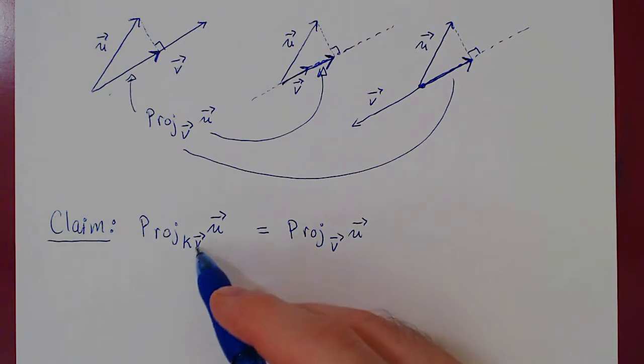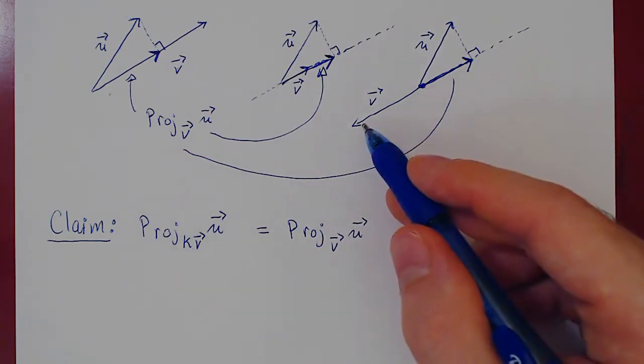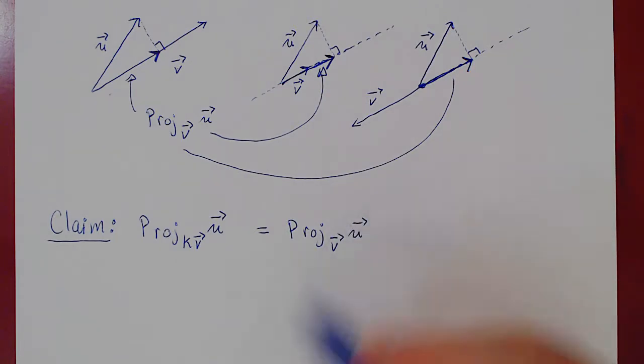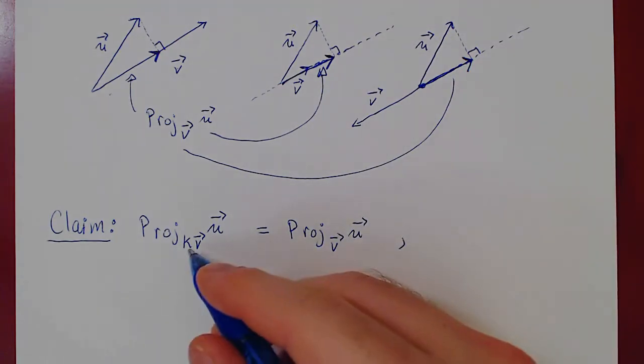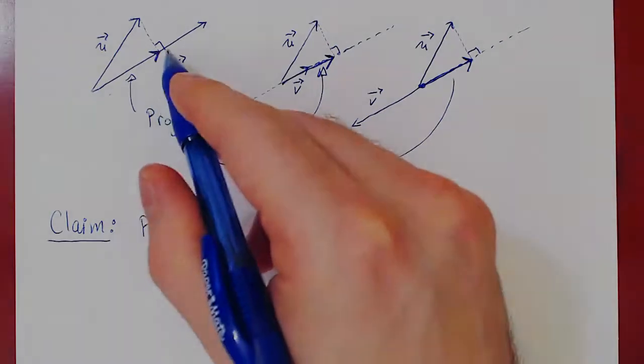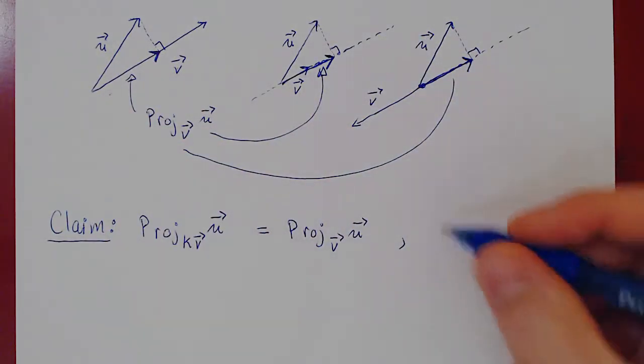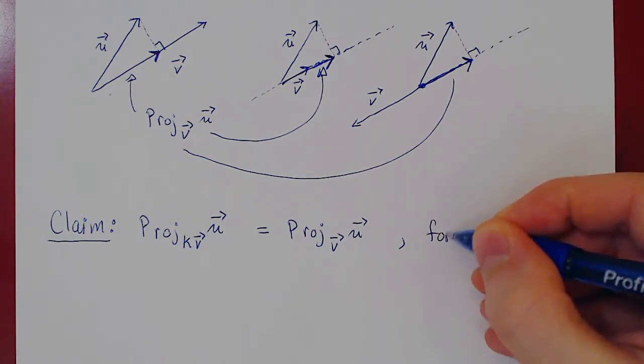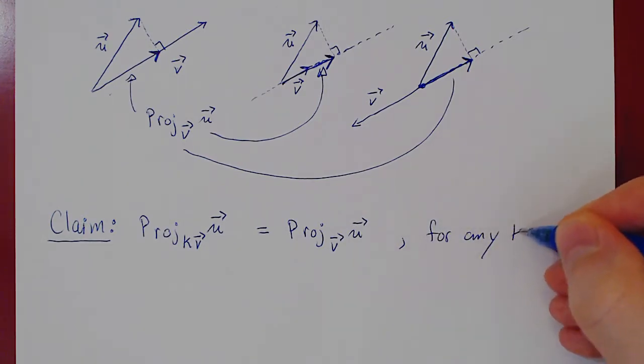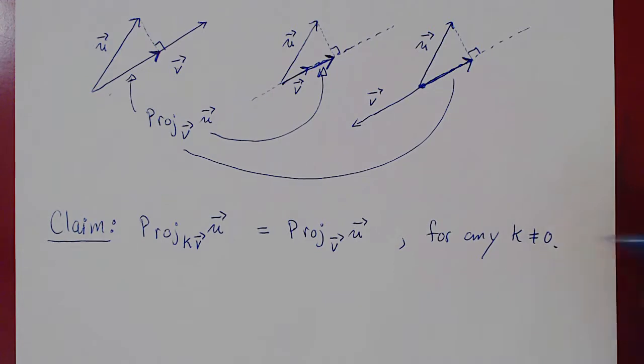And so it doesn't matter whether you have a longer, a shorter vector, or even with opposite direction, the projection will be the same. Of course, k can't be 0 because otherwise you kill the vector, and then you get no direction for your projection, and then it doesn't make sense. So this is true for any non-zero real number k. And the proof is just one line.